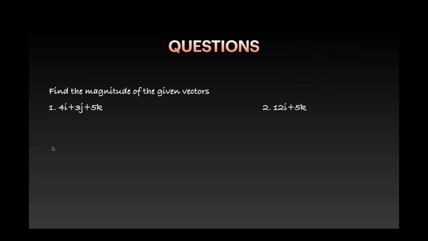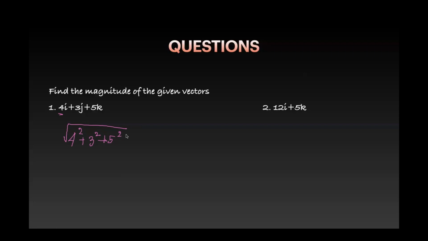Now, try all of these questions. Pause the video and try this question. Now let us solve the first one. You have 4i cap plus 3j cap plus 5k cap. How do you find the magnitude of this? It is nothing but root of the coefficient of i cap square plus the coefficient of j cap square plus the coefficient of k cap square.